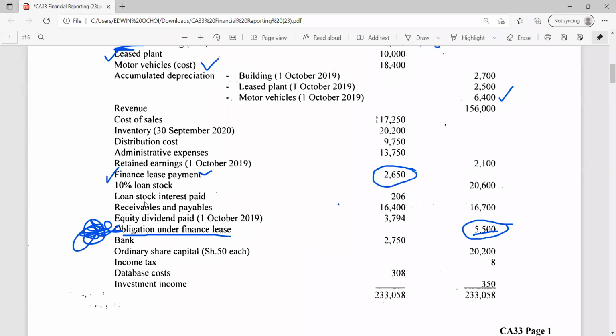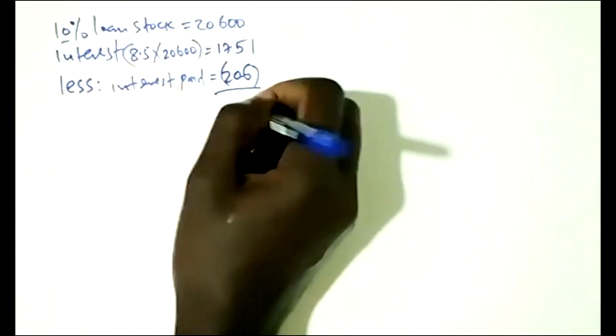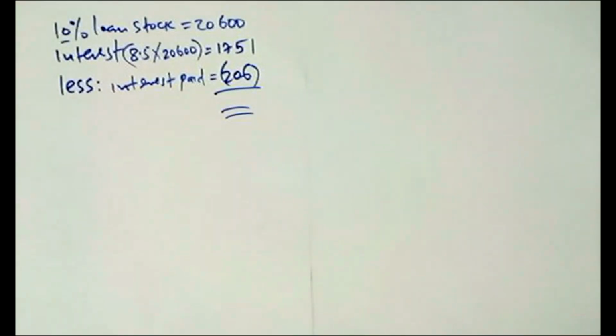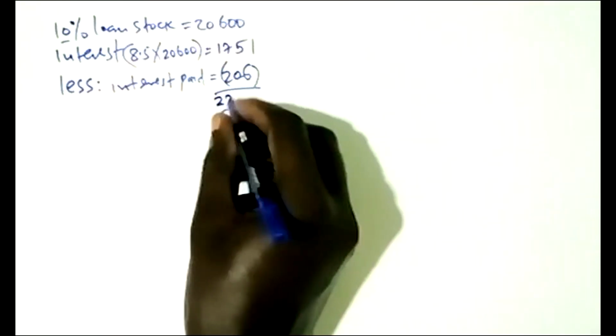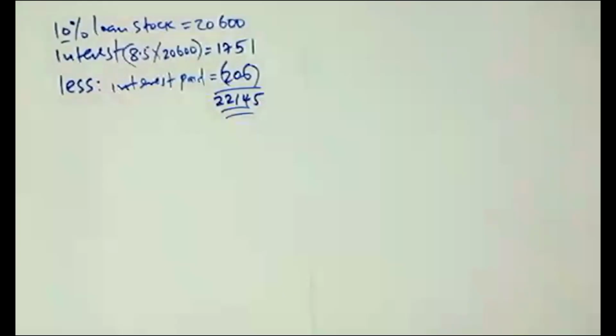Loan stock interest paid, they have paid 206 already, the one on the trial balance. So here deduct 206. So finally, the balance of the loans is 2,600 plus 1,751 minus 206. So you get 22,145.